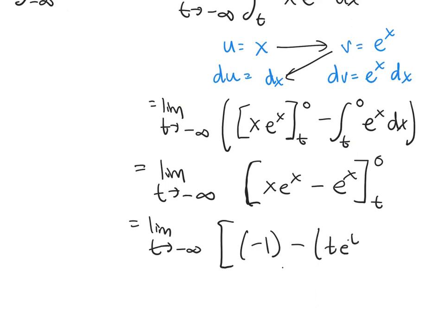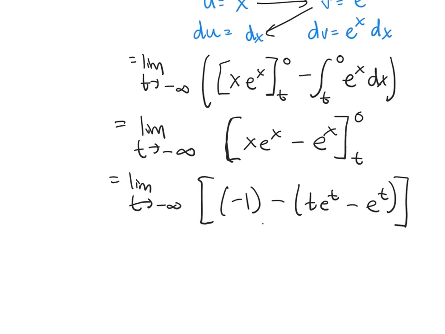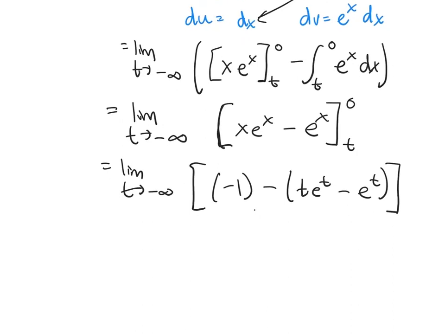T e to the t, minus e to the t. Make sure that minus applies to both of those terms when you plug in a t. All right, so we can go ahead and simplify, distribute the minus. So I get negative 1 minus t e to the t plus e to the t.